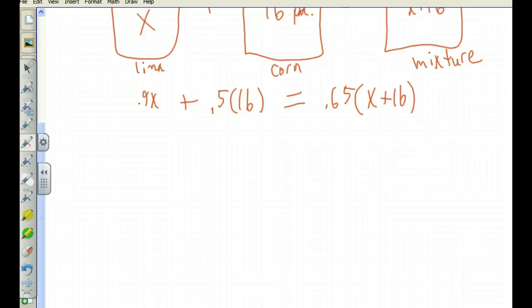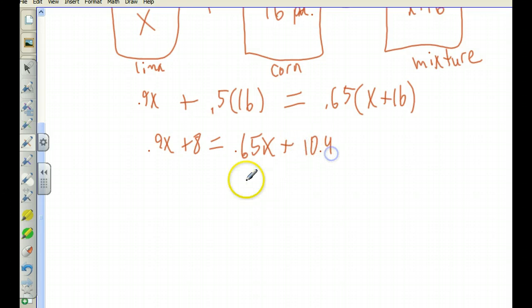So now it's just a matter of solving that equation. Again, it's 0.9x plus 8 equals 0.65x plus 16 times 0.65, which is 10.4. Let me go ahead and subtract that. I get 0.25x.